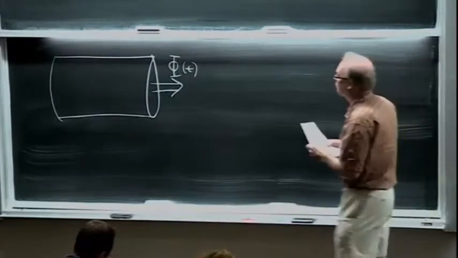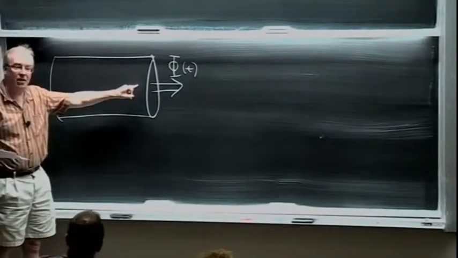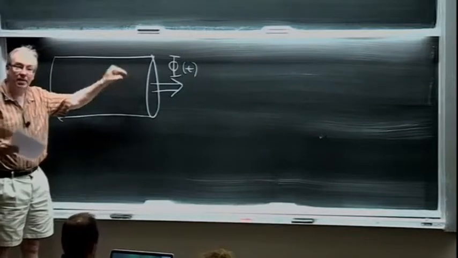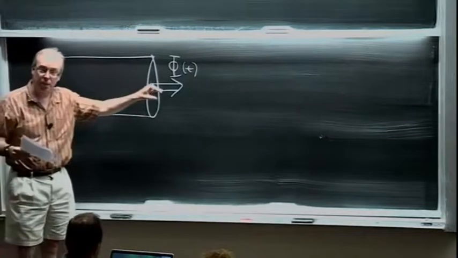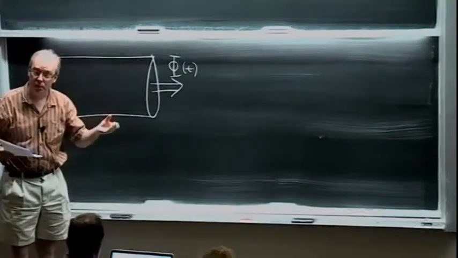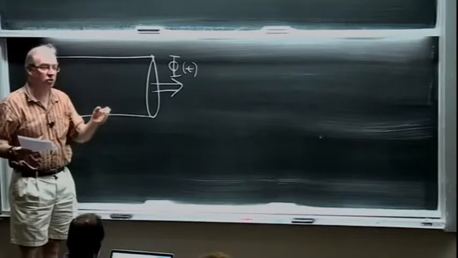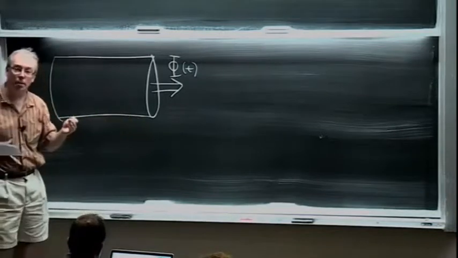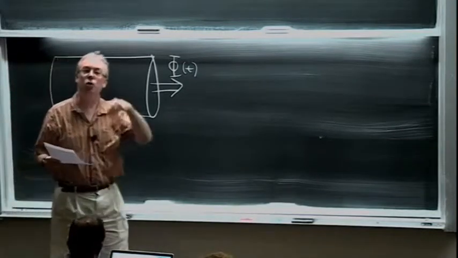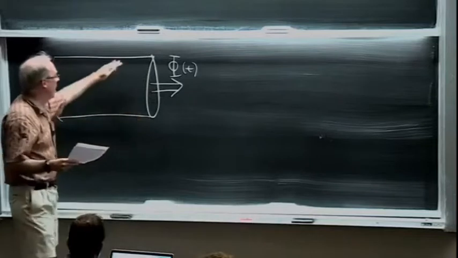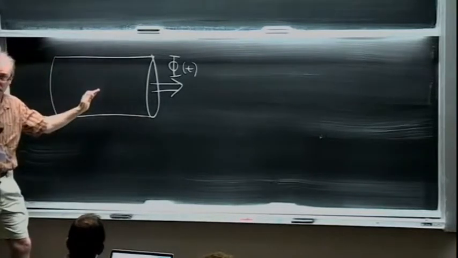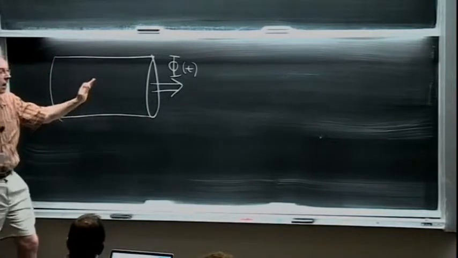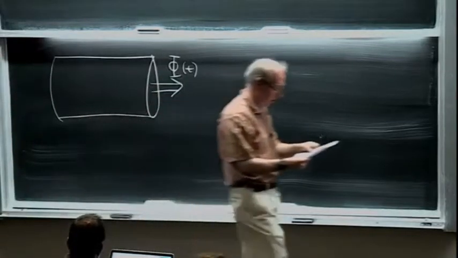Okay, and so what I want to show you now is that when I discussed the Thouless pump, I related that integer, the amount of charge that gets pumped, to the Chern number. And so what I would like to do is to relate that Chern number computed for the Thouless pump to the Chern number characterizing the two-dimensional band structure of the state that is wrapped on this cylinder. Okay, and so I want to do that construction.